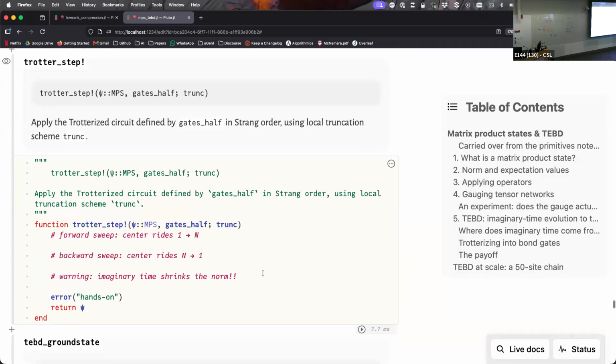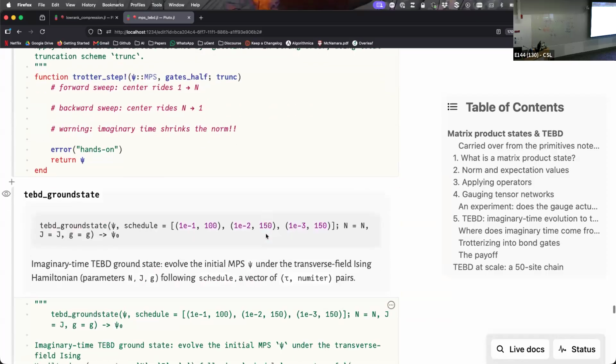And then finally, because we are evolving in imaginary time, we are projecting out the high energy modes. So we're losing norm because we're projecting them out. So we will renormalize at the end of our scheme.